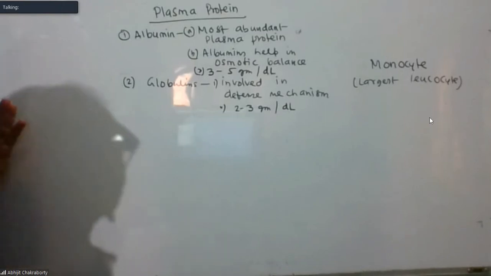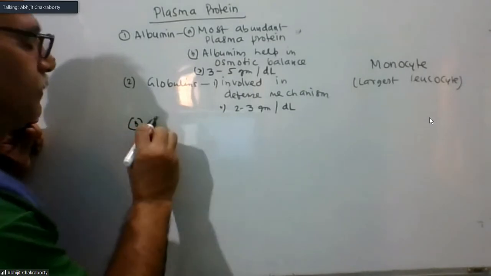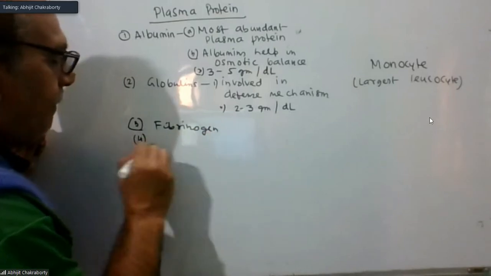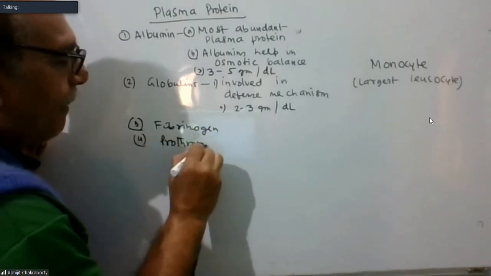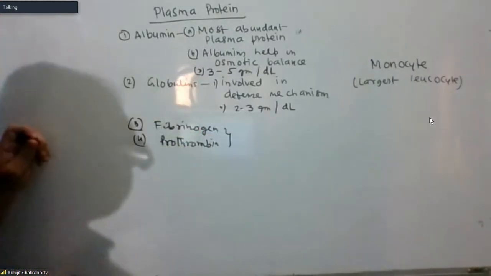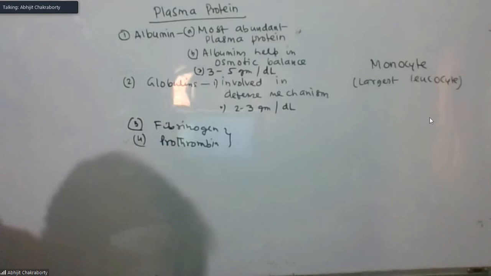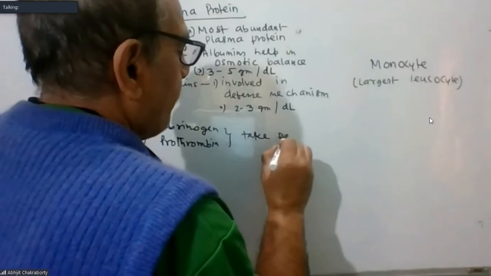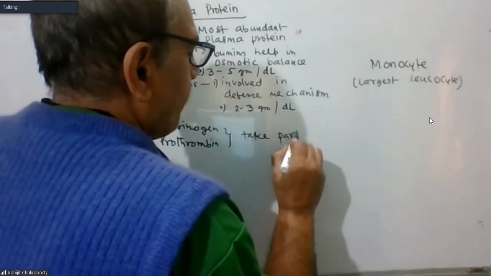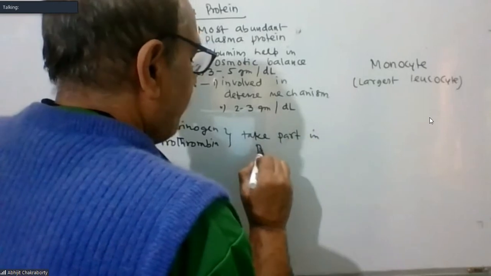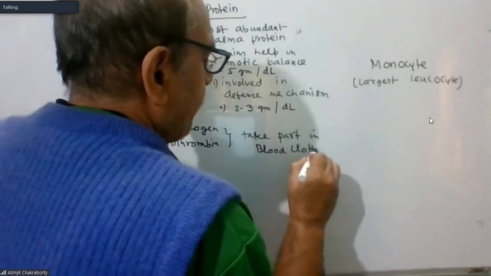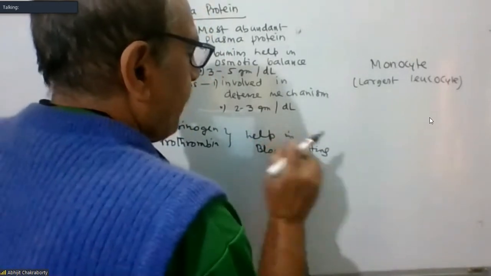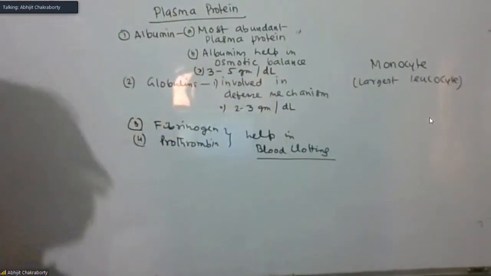Next one, fibrinogen and prothrombin. These two help in blood coagulation, or better say, help in blood clotting.